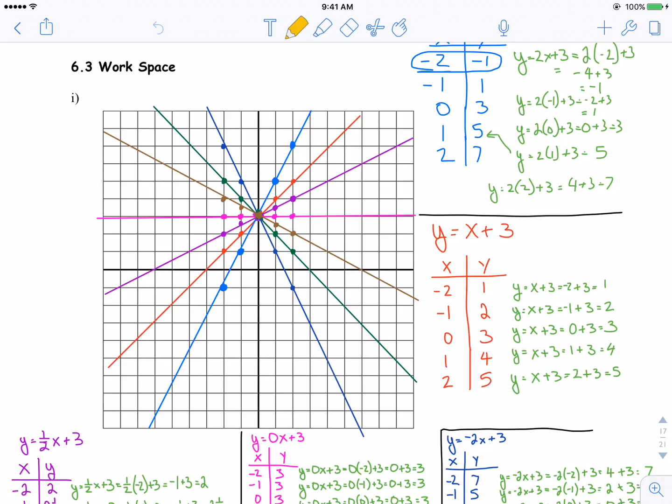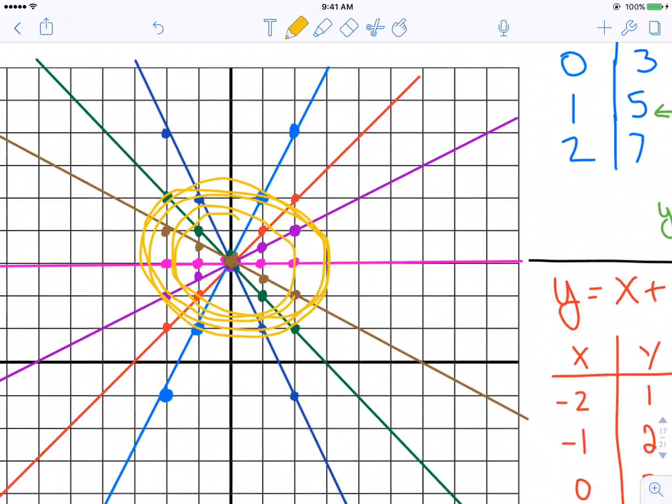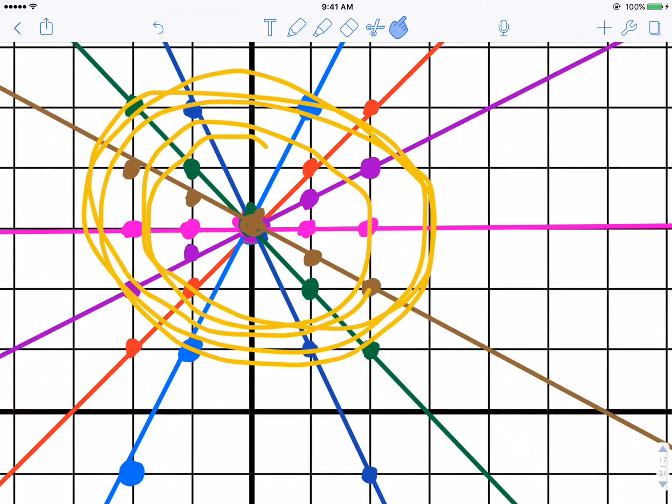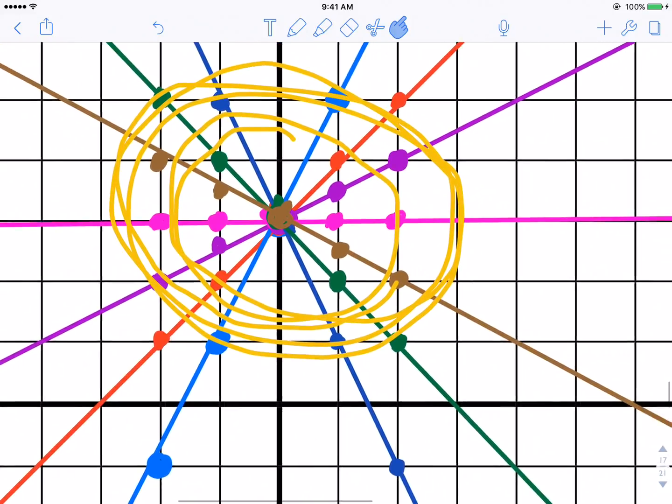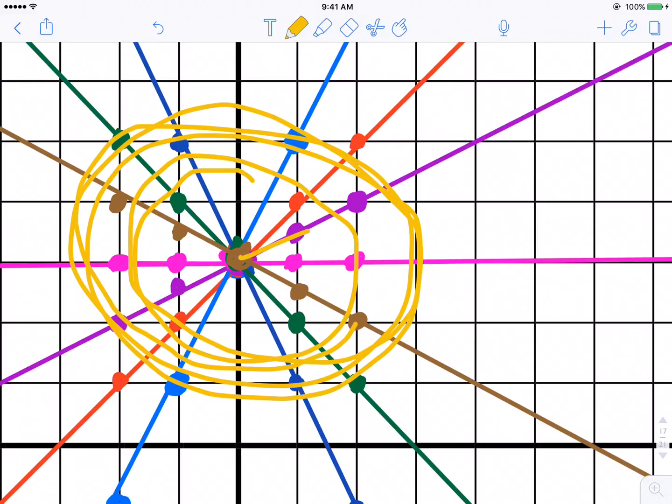So looking at this first set, how are all of the graphs the same? Well, they're the same because they all cross this point on the y-axis. I'm making this big enough so that I can erase it later. They all cross that point on the y-axis, and that point has coordinates 0, 3.